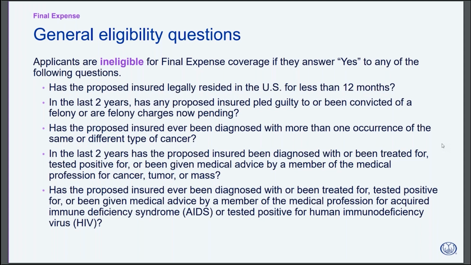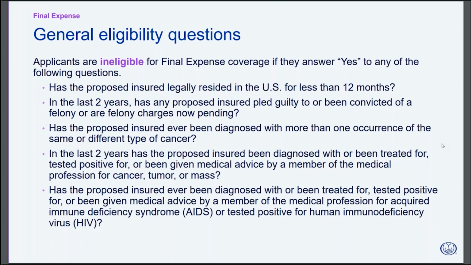Has the proposed insured been a legal resident in the United States for less than 12 months in the past 2 years? Has the proposed insured pled guilty to or been convicted of a felony, or are felony charges now pending? Okay, here we go. Has the proposed insured ever been diagnosed with more than one occurrence of the same or different types of cancer?